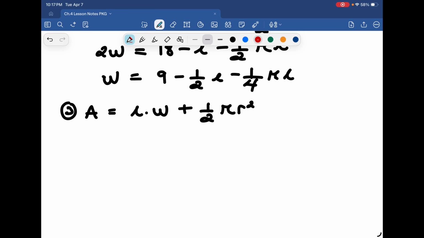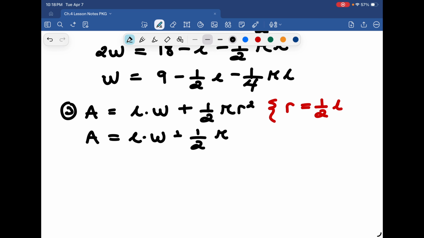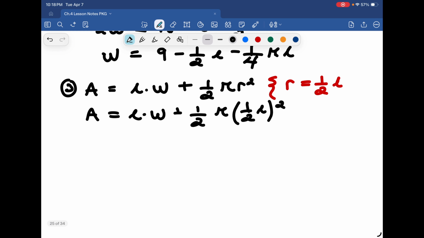Okay, again, we're going to use that same substitution where the radius is 1/2 L, or 1/2 the length. So now when I do my area, which I'll do below here, area equals L times W plus 1/2 pi, instead of R, this is going to be 1/2 L all squared.